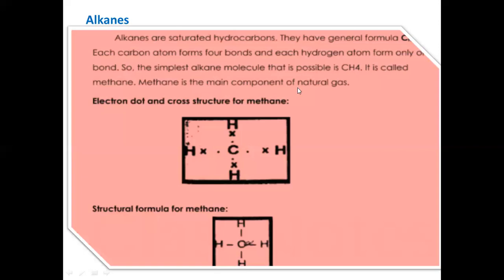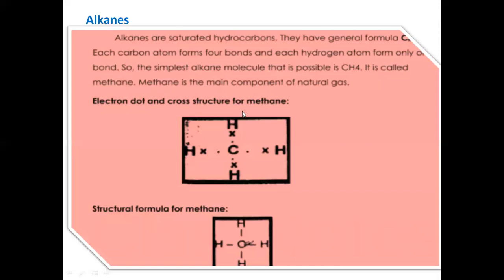Methane is the main component of natural gas, and we learned before that the highest percentage of natural gas is methane. In addition to methane, natural gas also contains ethane, propane, and butane as well, but the highest percentage in natural gas is methane gas.